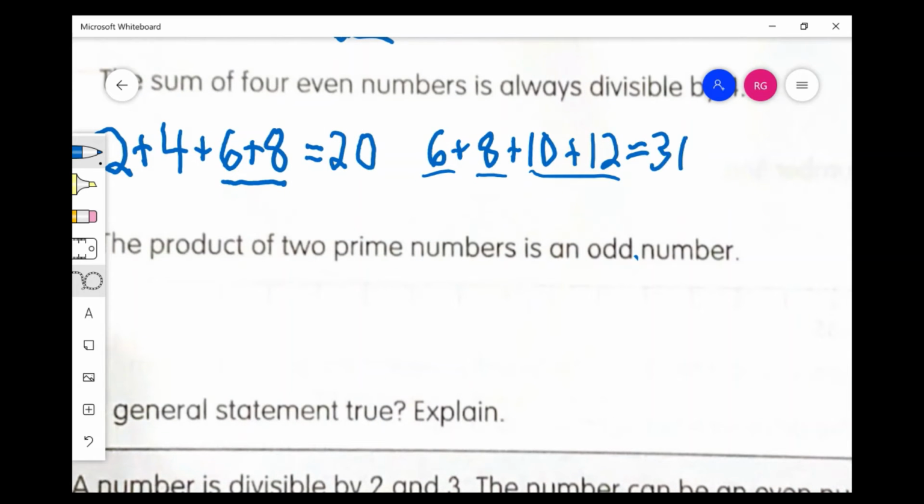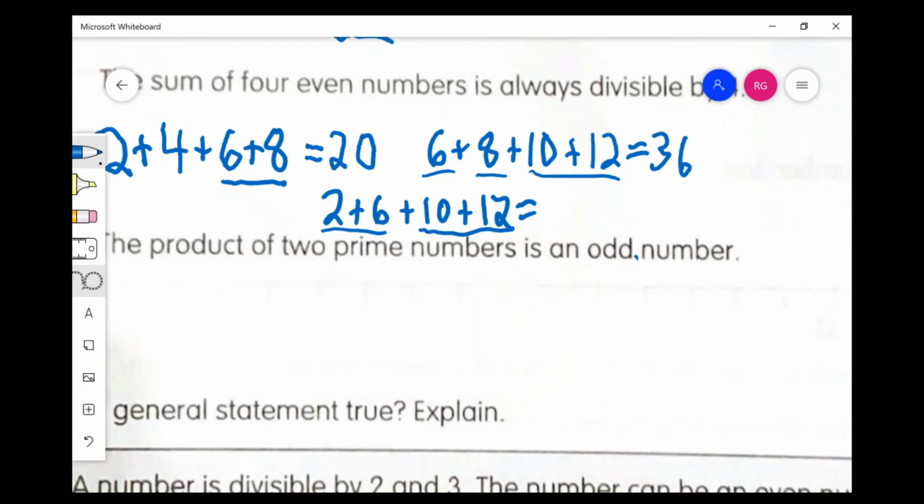Okay, let's keep trying a few more. Let's try 2 plus 6 plus 10 plus 12. And in this case, we get 22 plus 6 is going to be equal to 28. And then we get 30, right? So in this case, is this a number that's going to be divisible by 4?